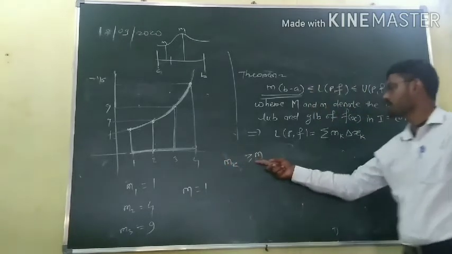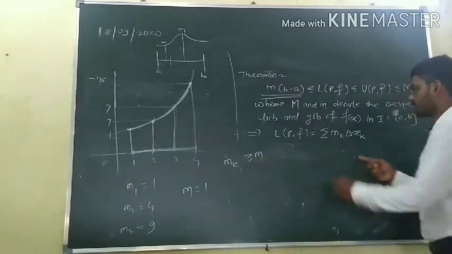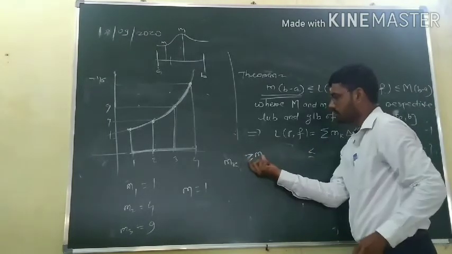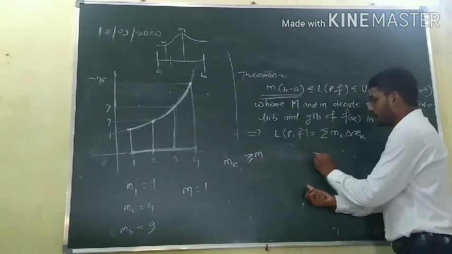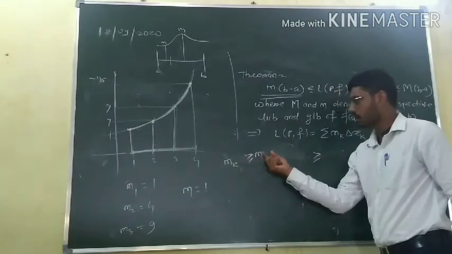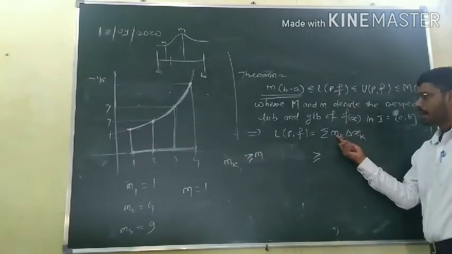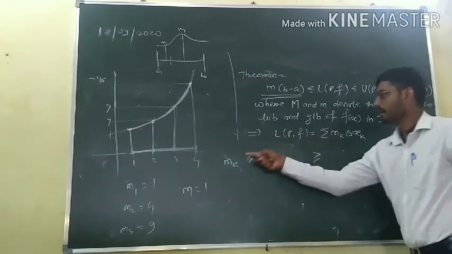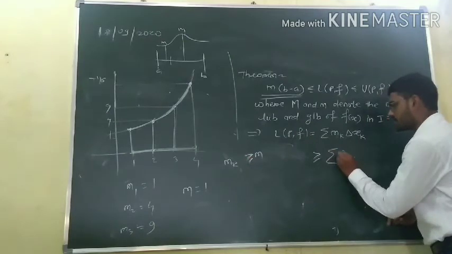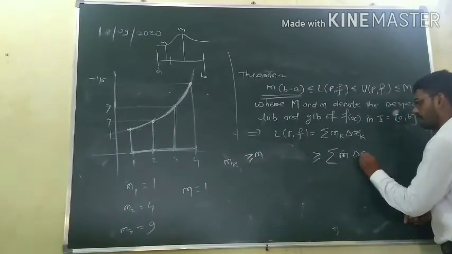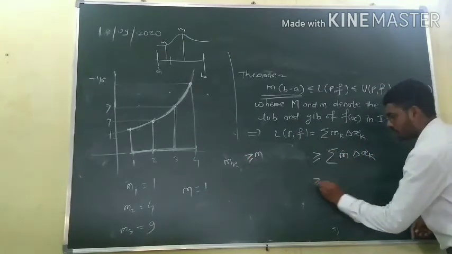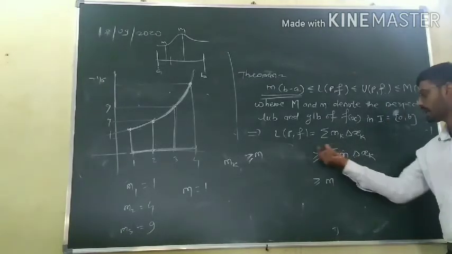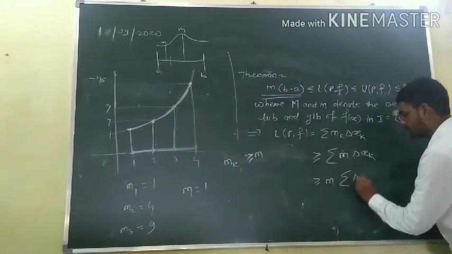So we use this condition here. The mk are greater than or equal to m, so we replace mk by m, and the equal sign becomes greater than or equal. So this is greater than or equal to the sum of m into delta xk. Since m is a constant, we take it outside, giving m times the sum of delta xk.